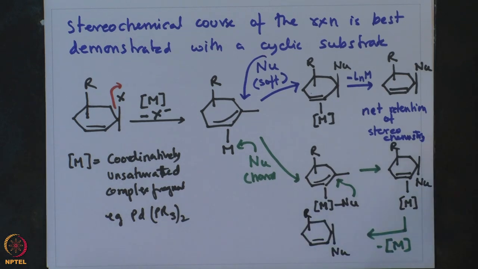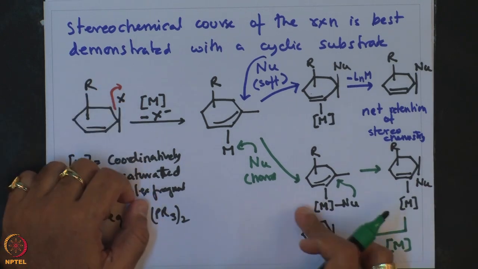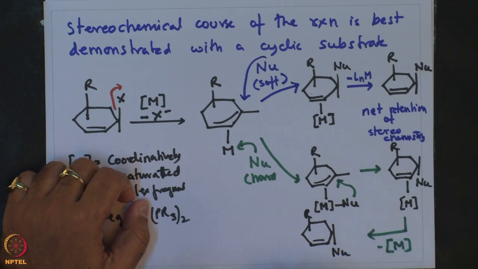And if one were to compare the stereochemistry of R X with R nucleophile, this is net inversion of stereochemistry.